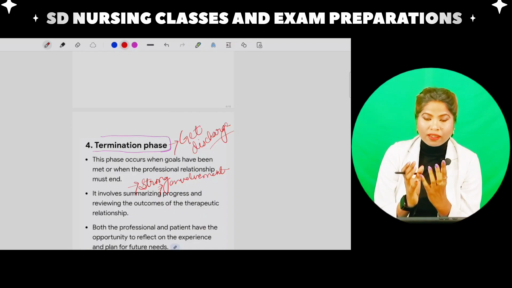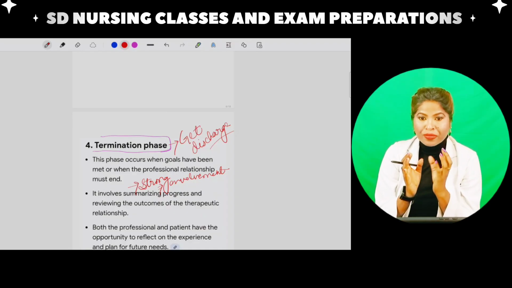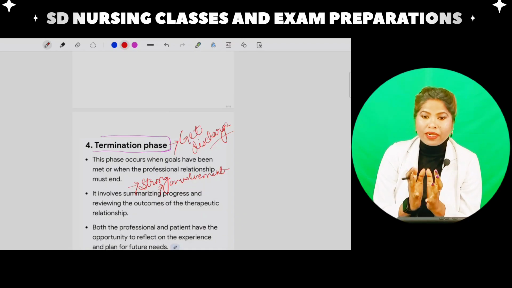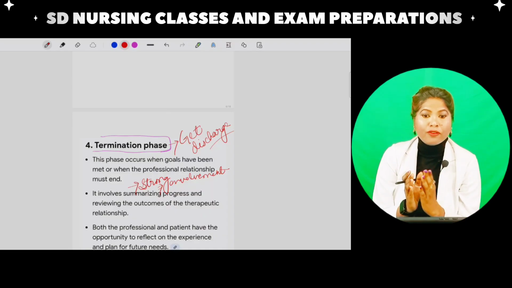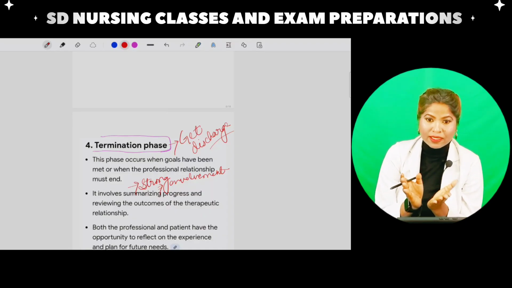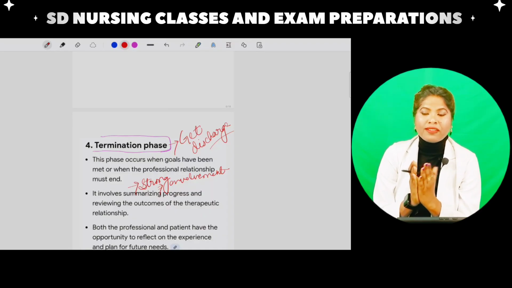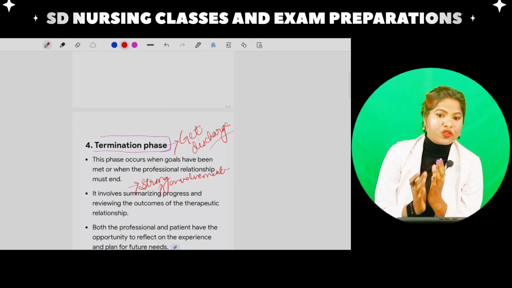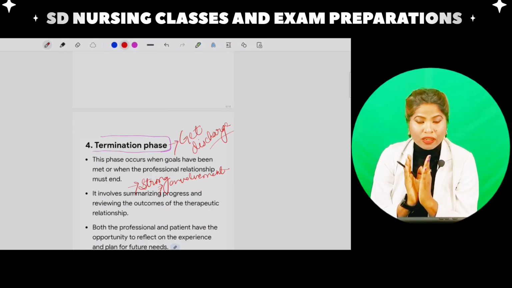That will be an emotional, sad situation for both the nurse and the patient. But the nurse will make him understand that yes, you have to take all these medicines and please come for follow-up checkup. So the patient also may say that please, when I come to hospital, please meet me. So this type of conversation may occur in the termination phase.